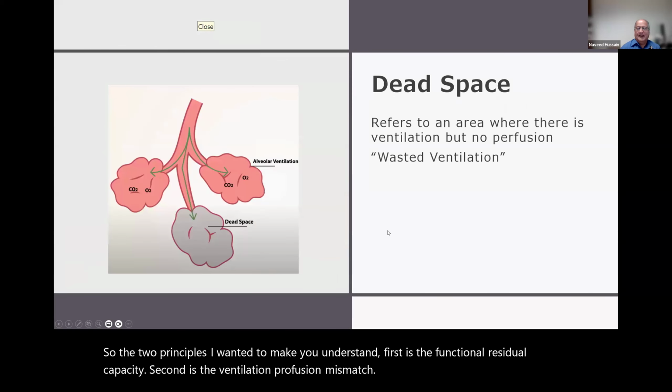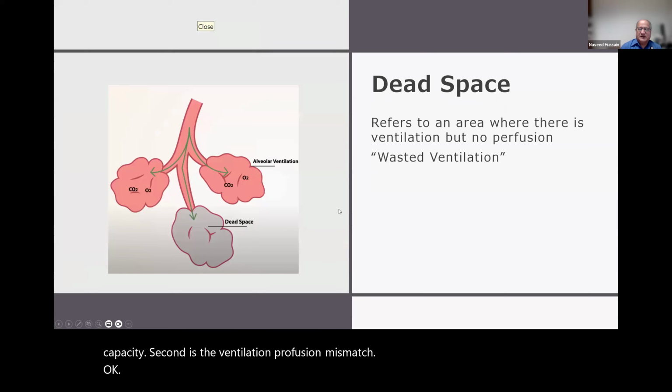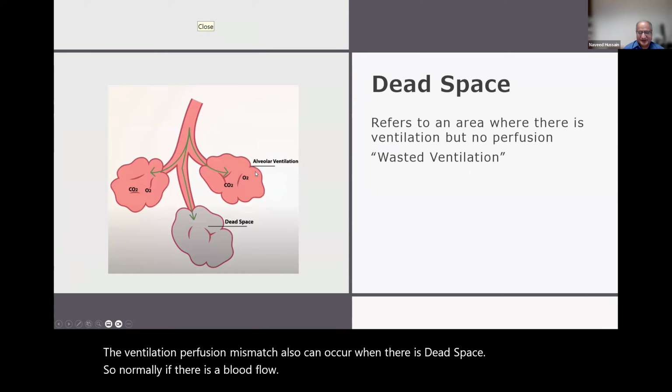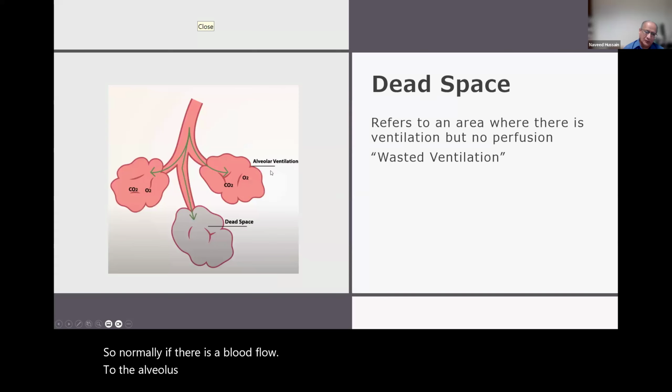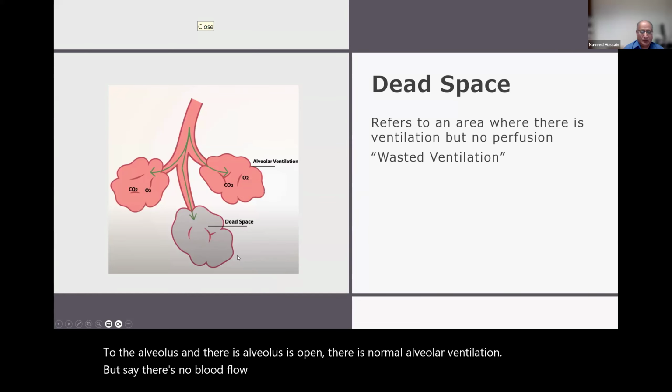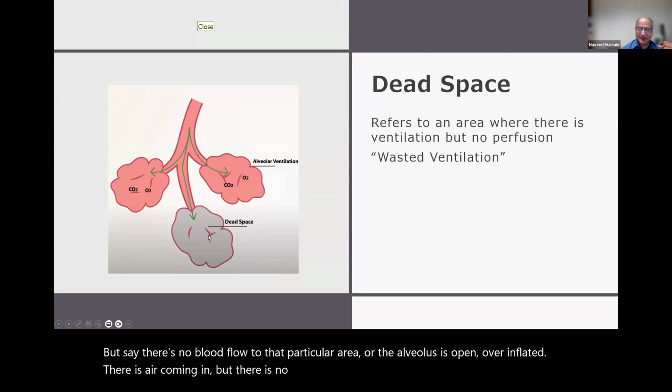The ventilation perfusion mismatch also can occur when there is dead space. So normally, if there is blood flow to the alveolus and the alveolus is open, there is normal alveolar ventilation. But say there's no blood flow to that particular area, or the alveolus is overinflated, there is air coming in, but there's no exchange happening, and that's dead space.